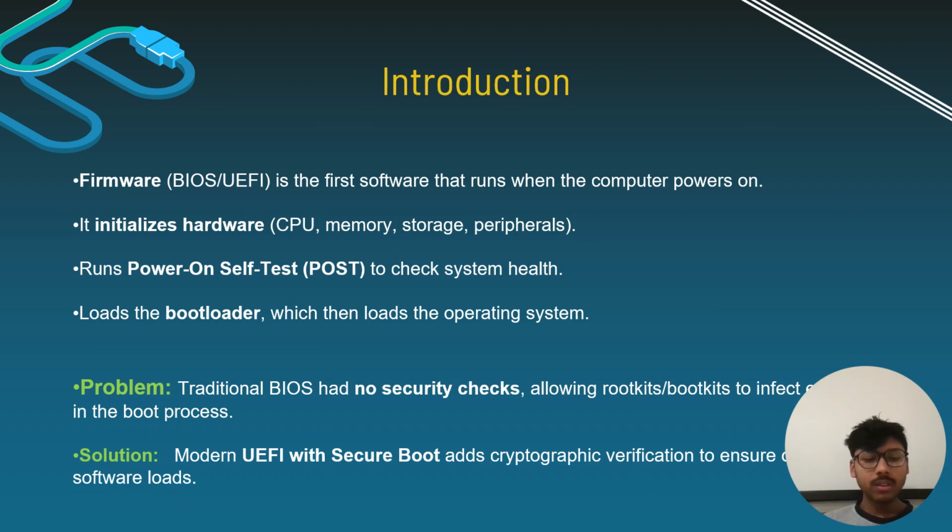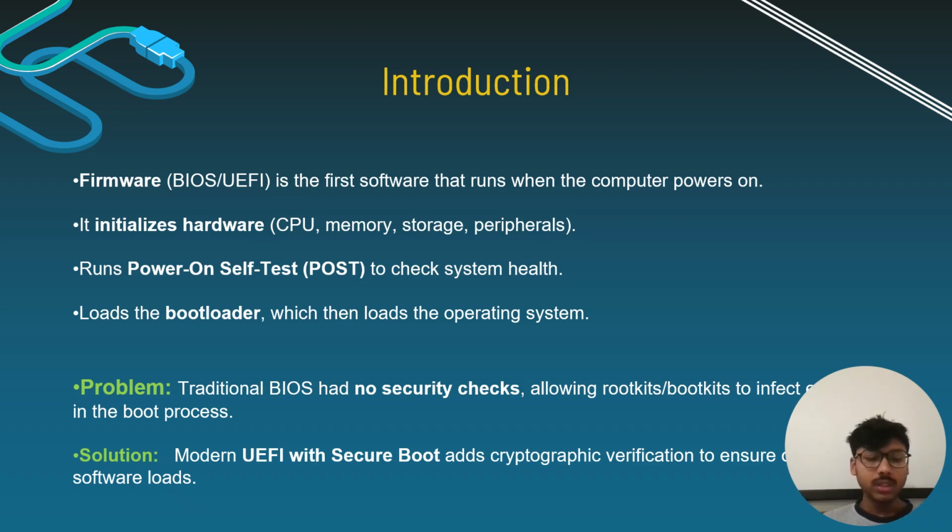When you turn on your computer, the first thing that runs is the firmware, either BIOS or UEFI. It checks the hardware, makes sure everything is working, and loads the bootloader to start the operating system. The issue with traditional BIOS is that it didn't have any real security. Hackers could install a rootkit or bootkit before the OS even started, which is very hard to detect.